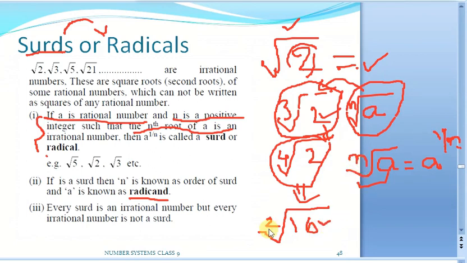Outside there has to be a positive integer. The nth root here, a positive integer is there. 2 conditions are satisfied. But see the third condition, the overall result should be irrational. What is the square root of 16? It will be plus or minus 4. Is this result irrational? No. So that is why square root of 16 can't be called a surd.